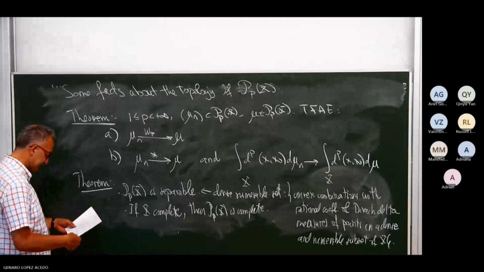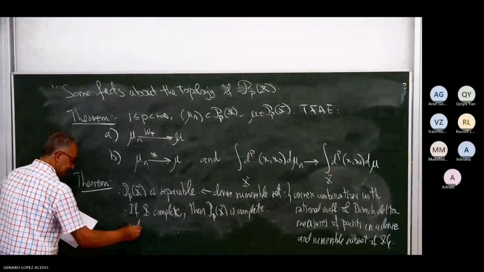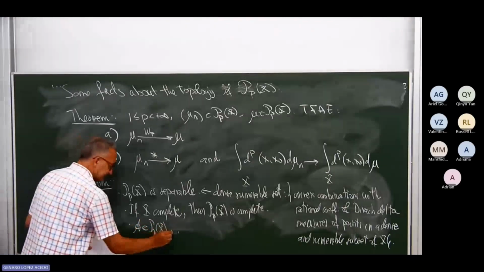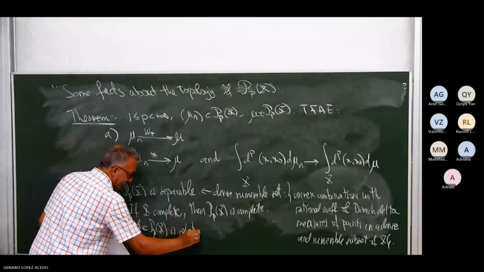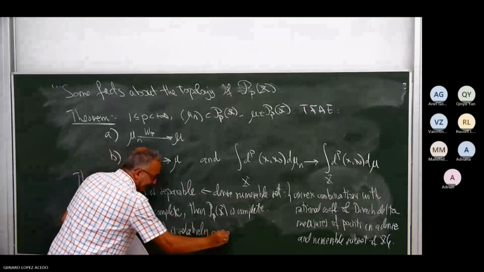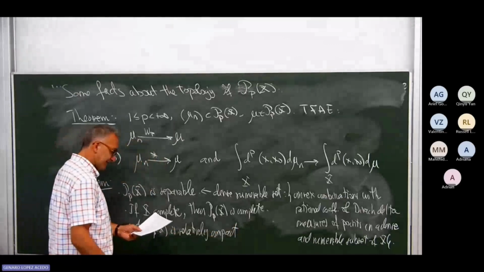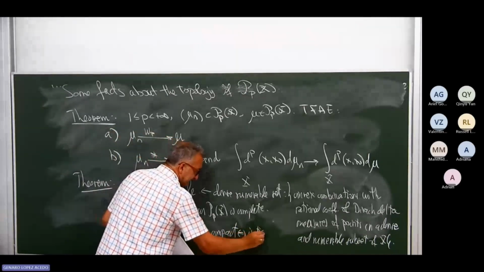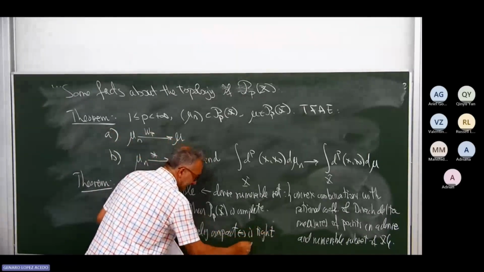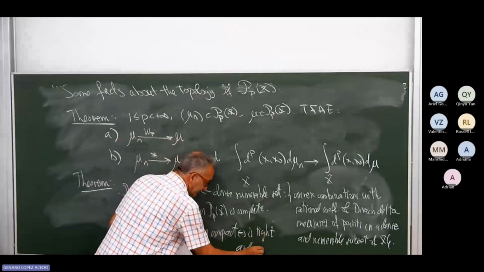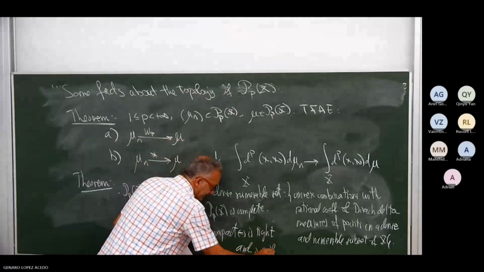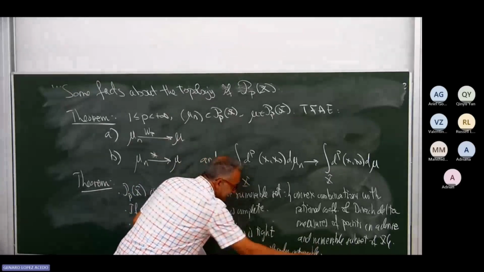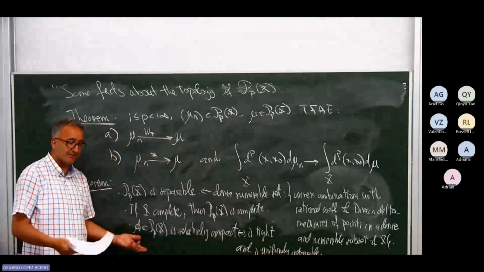Another thing. A set of probabilities in here is relatively compact if and only if it is tight and uniformly p-integrable, which means that the p moments of the elements of A are bounded.